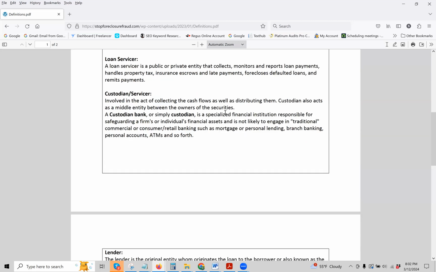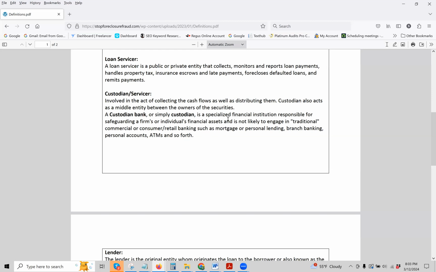And the other definition here, the custodian and the servicer. You can read here, it basically says involved in the act of collecting the cash flows as well as distributing them. Custodian also acts as a middle entity between the owners of the securities. A custodian bank, or simply custodian, is a specialized financial institution responsible for safeguarding a firm's or individual's financial assets and is not likely to engage in traditional commercial or consumer retail banking such as mortgage or personal lending, branch banking, personal accounts, ATMs, and so forth.